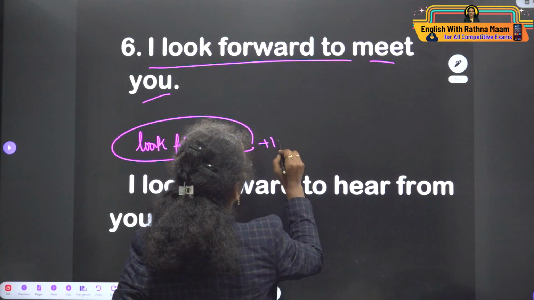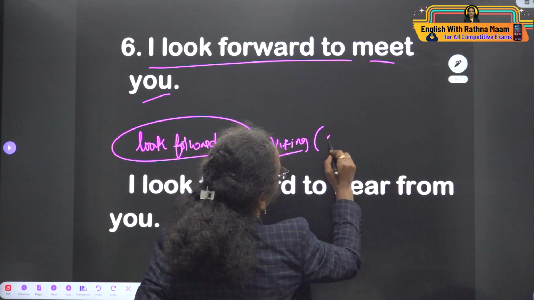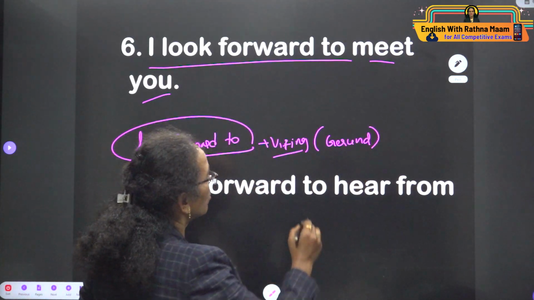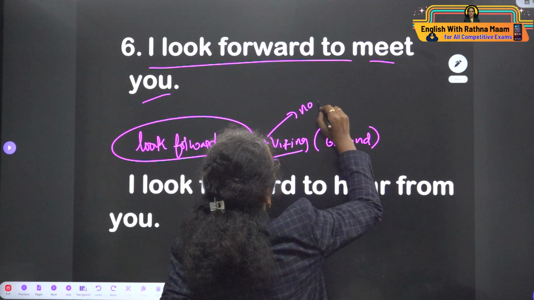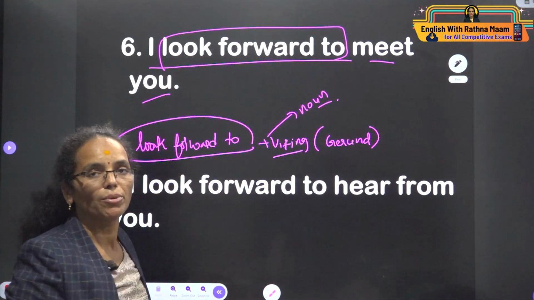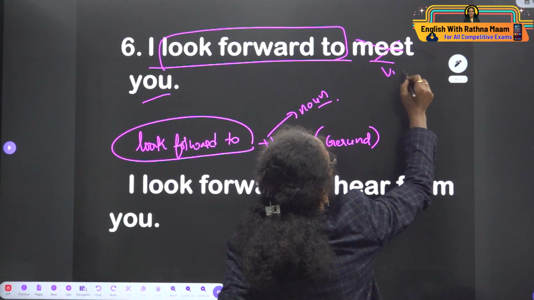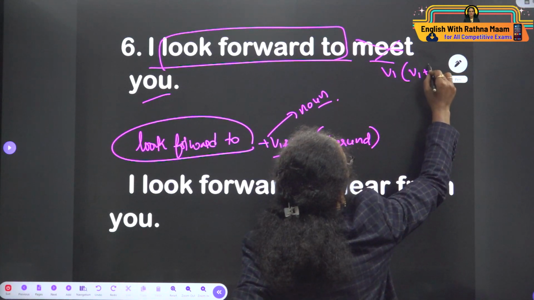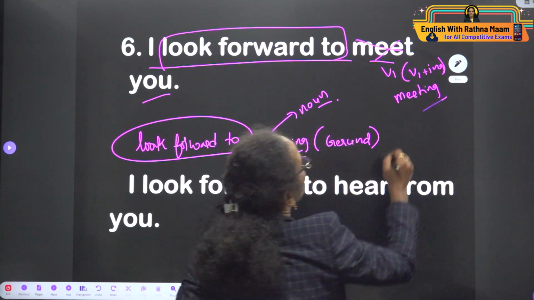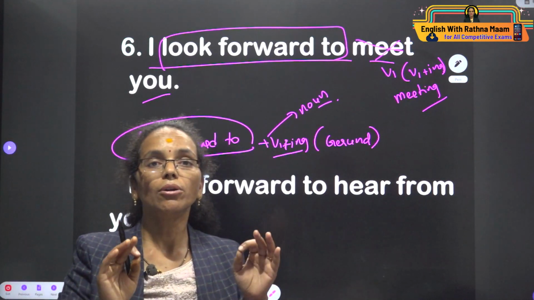Indirectly, we can say it should be followed by either a gerund or a noun. So, it should not be followed by V1. It should be followed by V1 plus ing form. Means meeting. I look forward to meeting you.